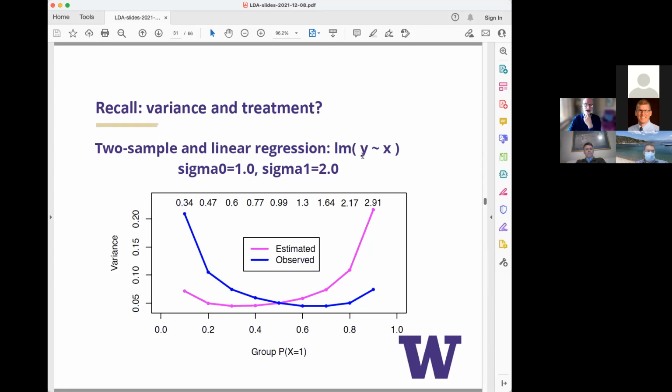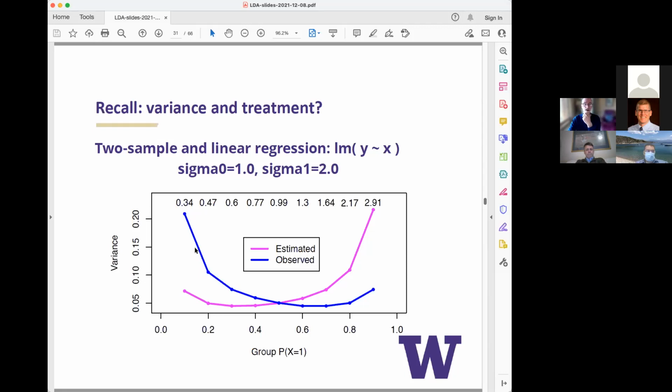What if, in fact, the variance is different in the treatment group as compared to the control group? Fundamental scenario. This graph shows what you get as the observed variance for the statistic that you're reading off, and what you get from that linear model output, the estimated standard error that's assuming the variance is constant across both groups.